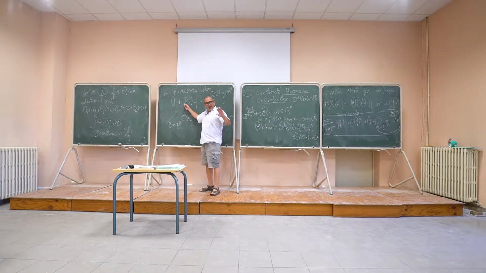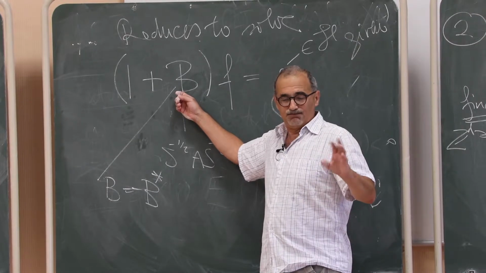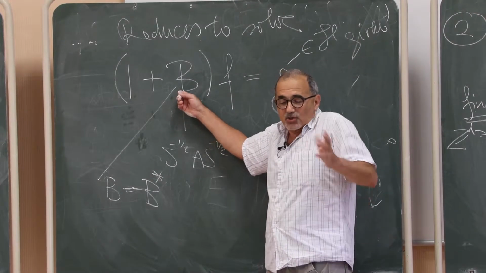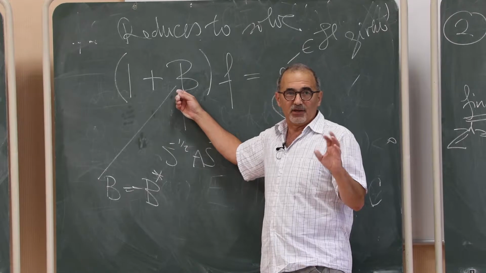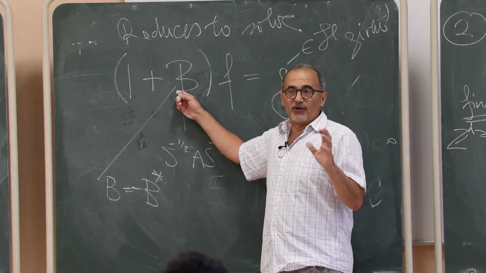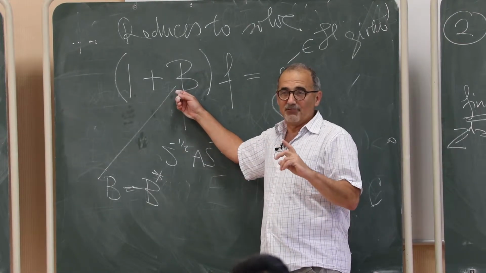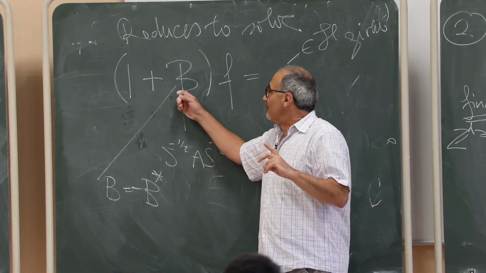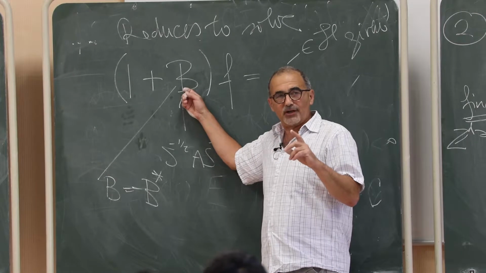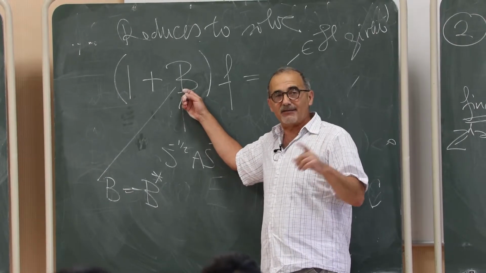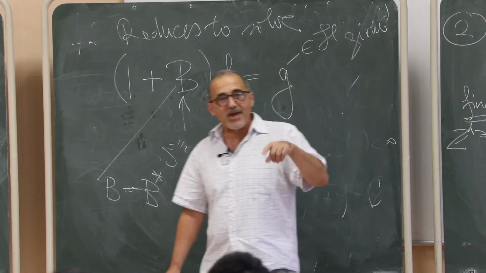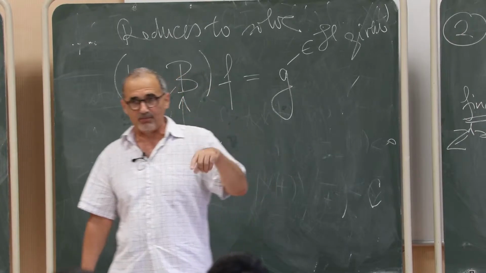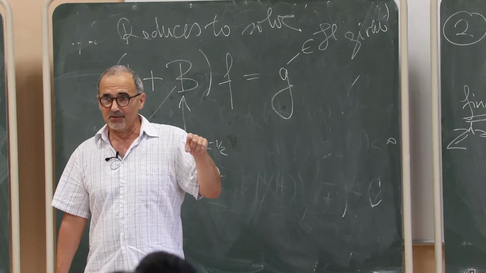Just in parentheses for those of you who know this type of thing, it's a sort of Fredholm alternative I'm doing here, because first I proved skew self-adjointness of this guy by proving that there is no eigenfunction belonging to a particular eigenvalue.